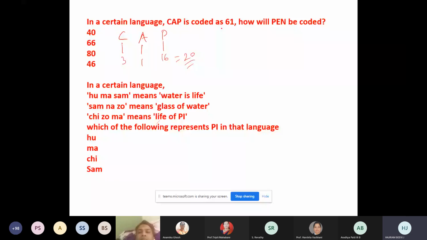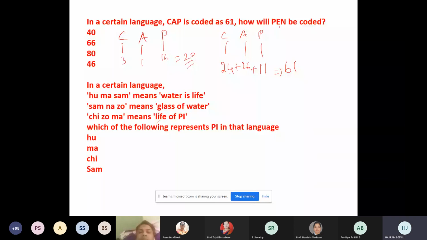So C is 24. A is 26. Then P is 11. So 24 plus 26 plus 11 makes 61. Okay, likewise we are going to code the term PEN.